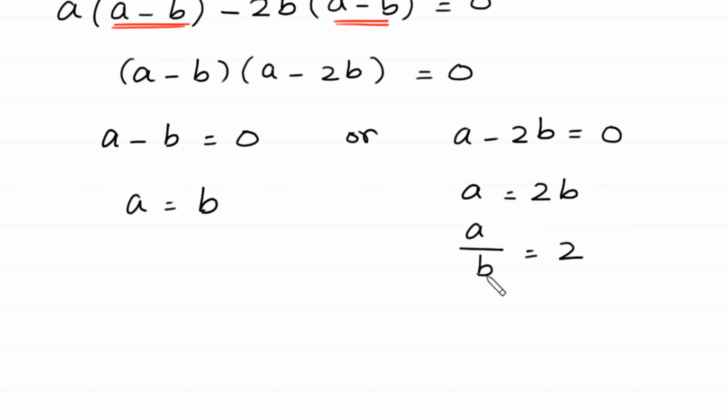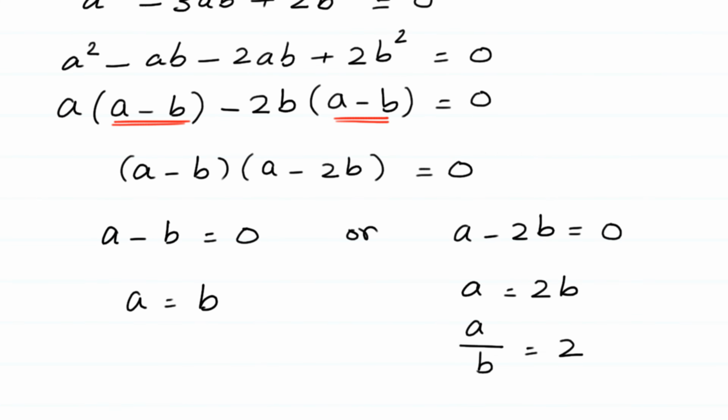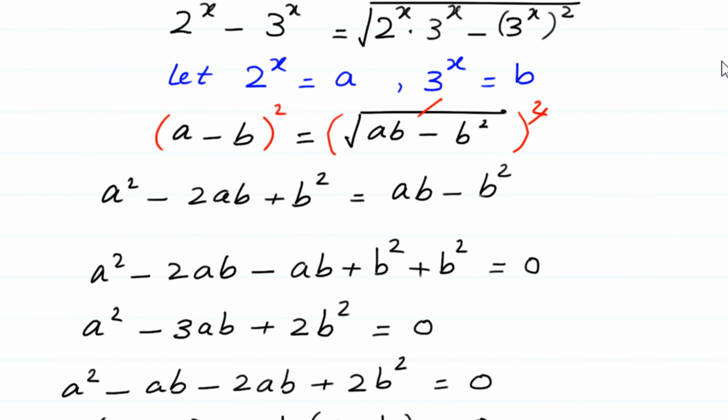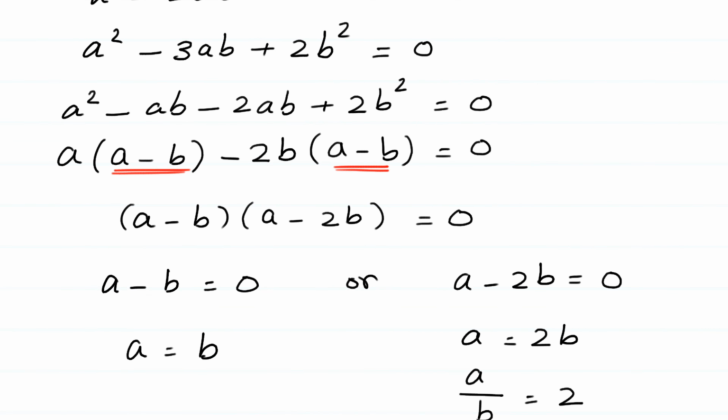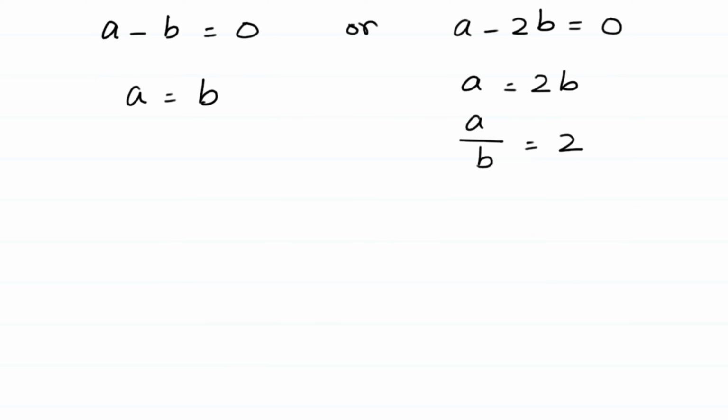Now recall that we have supposed that 2 to the power x is equal to a and 3 to the power x is equal to b.